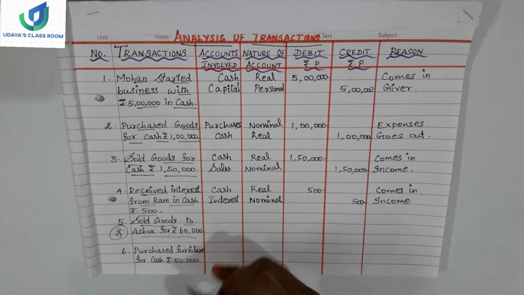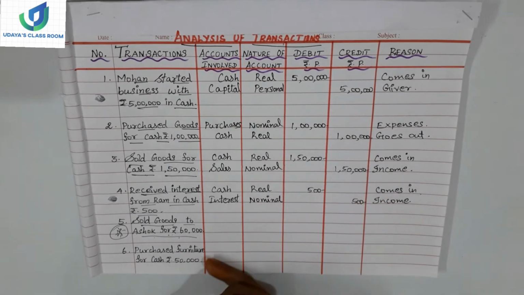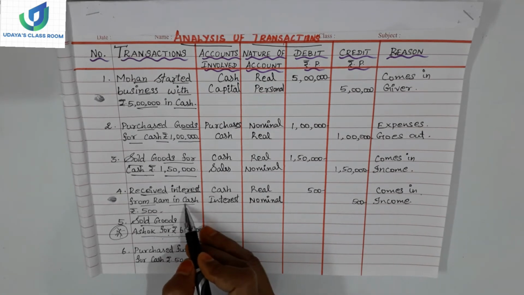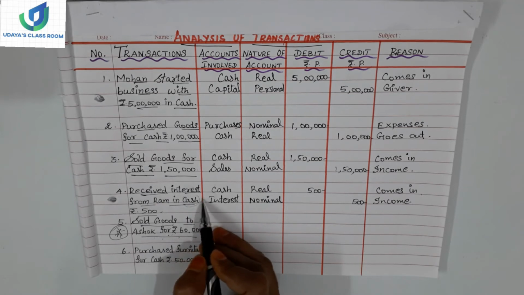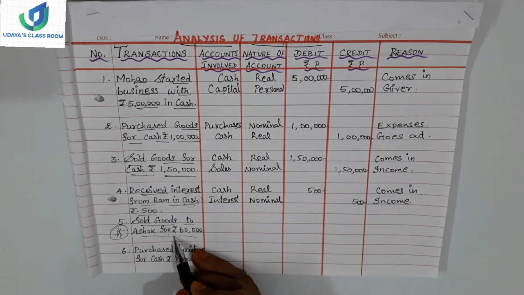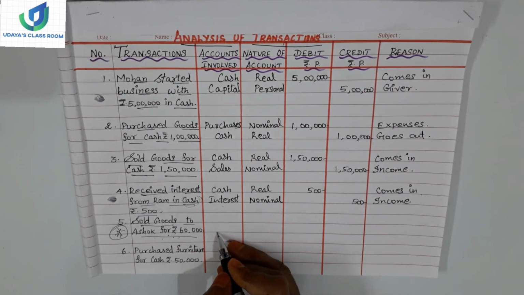Always when we do sales or purchases, we have to see whether it is a cash transaction or credit transaction. If the term cash is mentioned clearly in the transaction, then it is a cash transaction, and we will not be writing the person name. If it is a credit transaction, we will be writing the person name until we receive the amount.